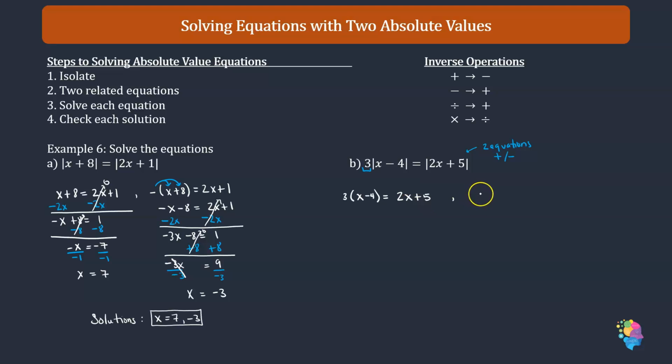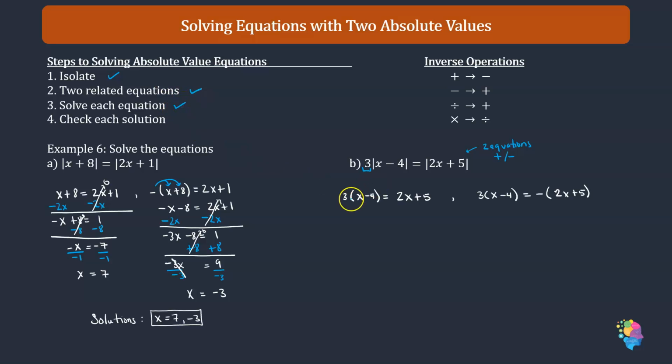The other equation, the left side is not going to change. The right side will take the minus. So the one that was isolated is the one that takes the plus and the minus. So we had no need to isolate, and we have created the two equations.